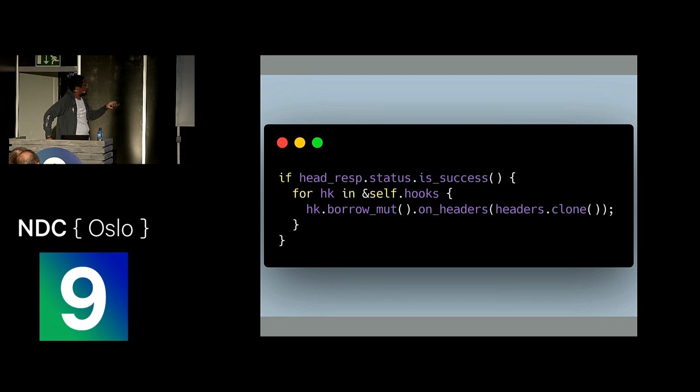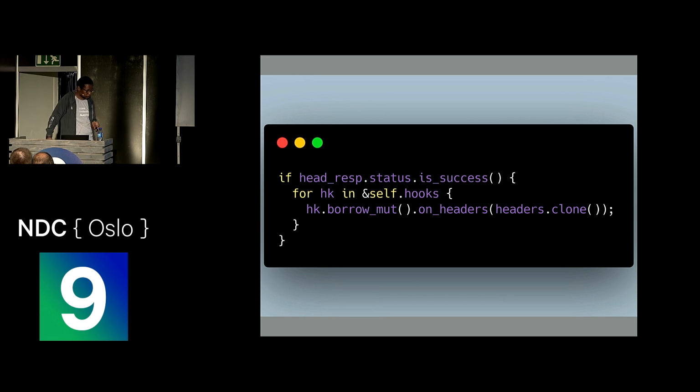Then we just call the head, and on headers we pass in the data that we got from doing the head request. And this allows me to write data in generic ways, so I can have a new type, implement a trait, and it will still work for this.